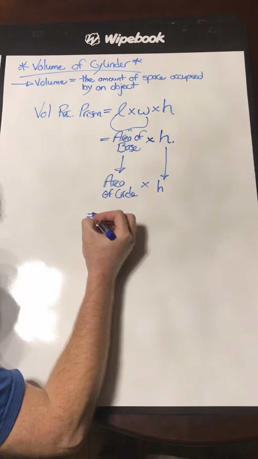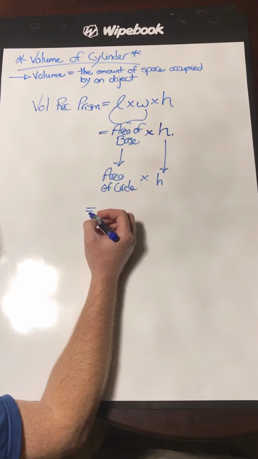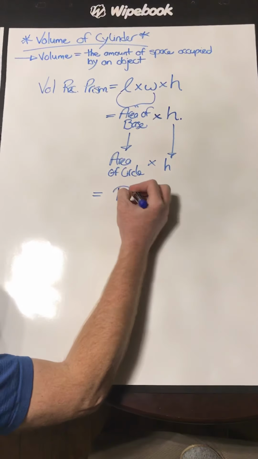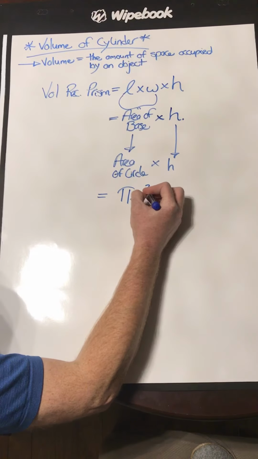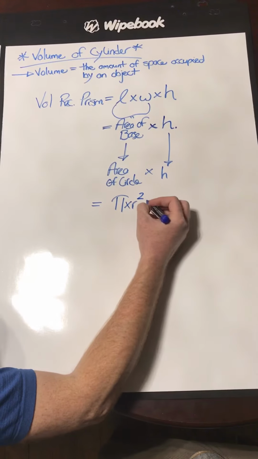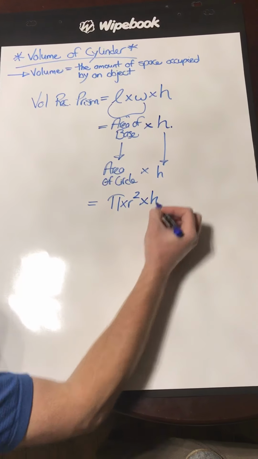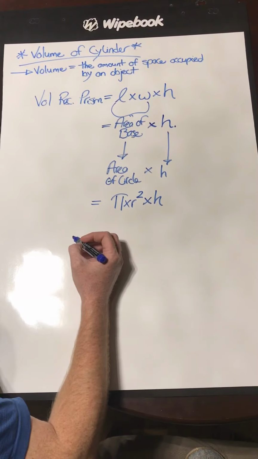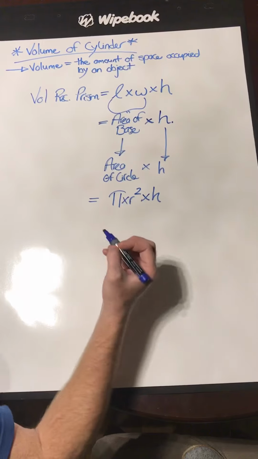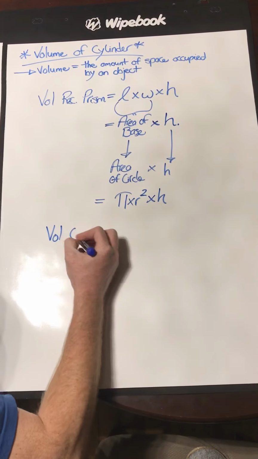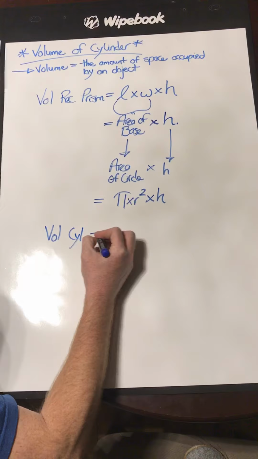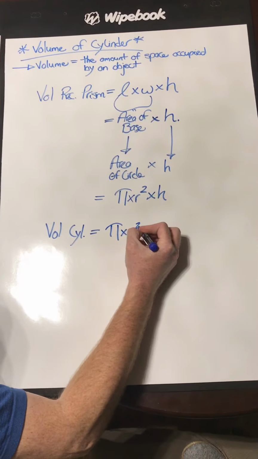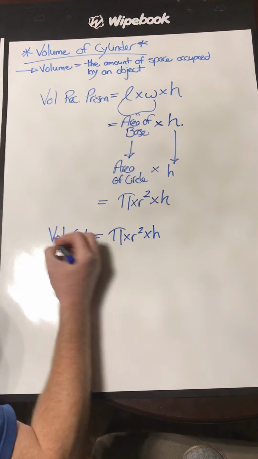And we've already discovered during the year that the area of a circle is pi times r squared. So we take that and we times it by the height, and therefore the formula for the volume of a cylinder is equal to pi times r squared times h.